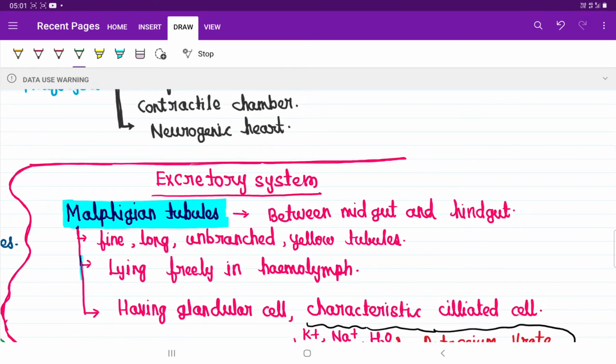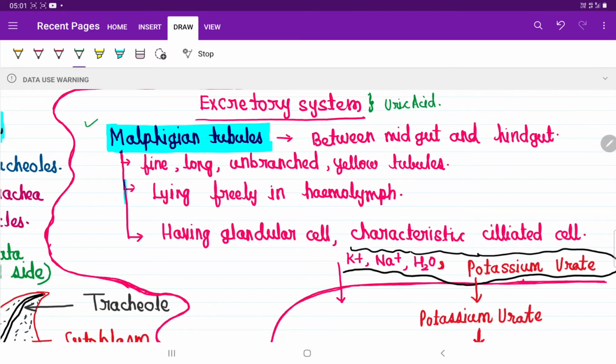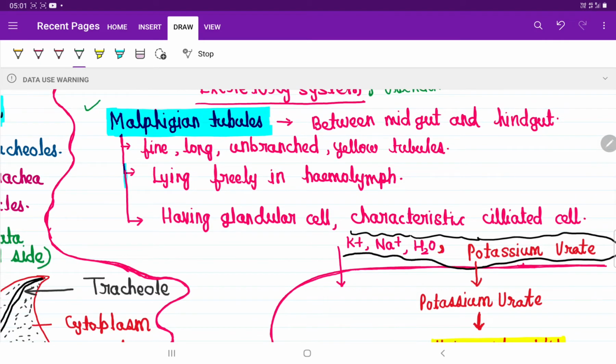Okay, now come to excretion here. What is the major nitrogenous metabolic waste, students? The major nitrogenous metabolic waste is uric acid. Yes, their major nitrogenous metabolic waste is uric acid, which they excrete by 100 to 150 fine tube-like structures. These fine tubes join the hindgut, between midgut and hindgut, right?